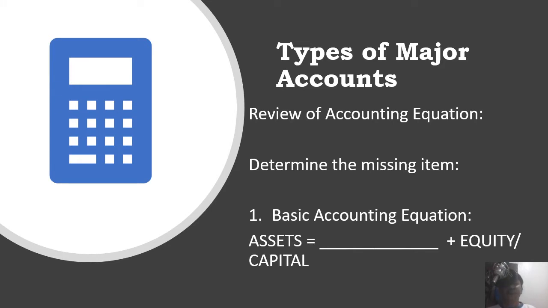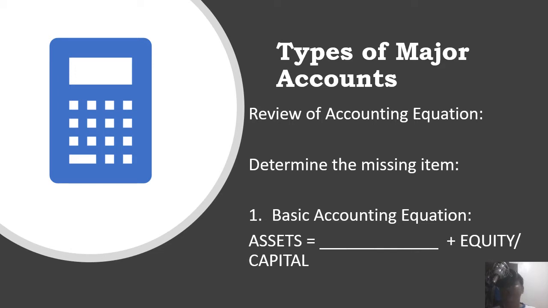It has been an integral part of our discussion to have a brief review of our past lesson. And our past lesson is accounting equation. So I have prepared 6 questions for this review.